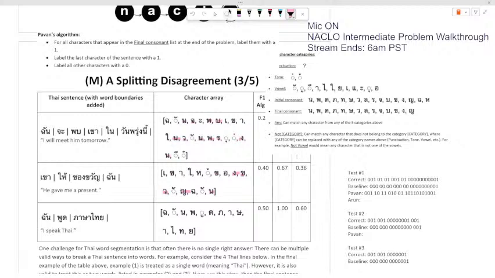Okay, let's do Pavan's now. Okay, Pavan for test 2 will be 0, 1, 0, space 0, 0, 0, space 1, 0, 1, 1, 1.